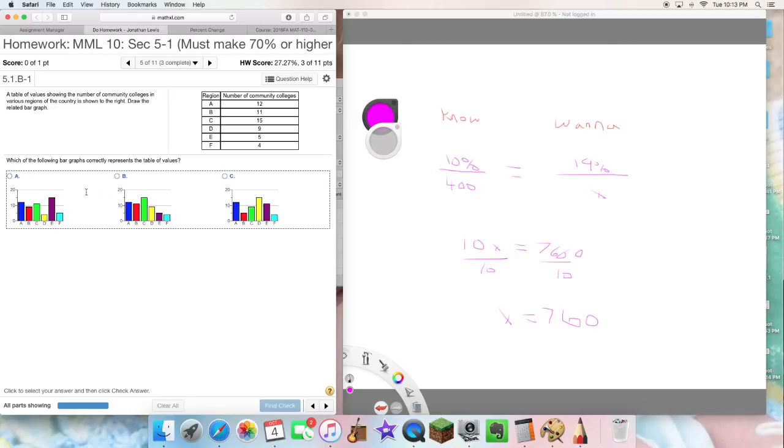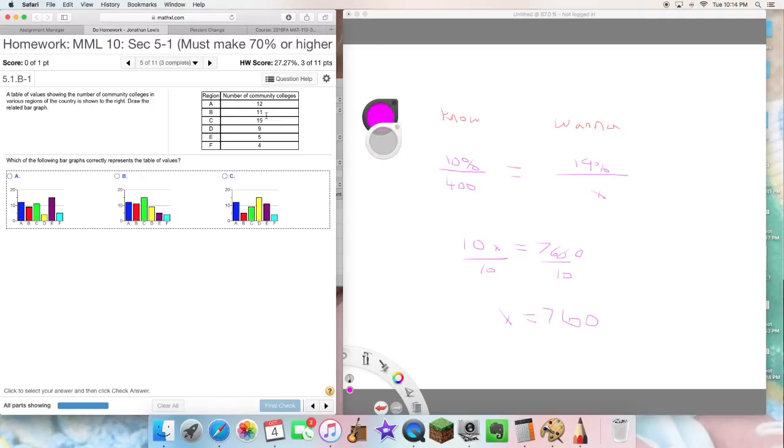So we can rule out A. A is not our answer. Let's look at B. Well, according to this chart, B is approximately 11. So, hey, this one's good so far. Let's look at this one. B is at 5.